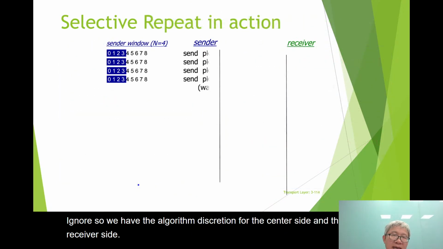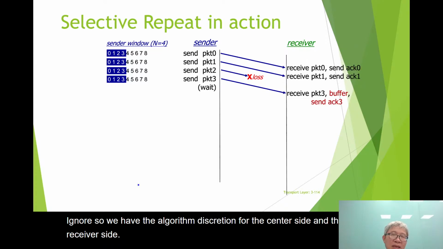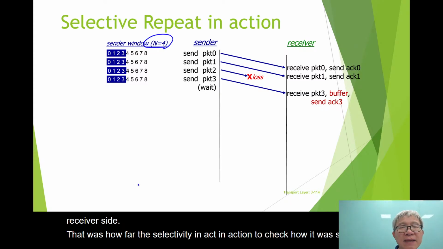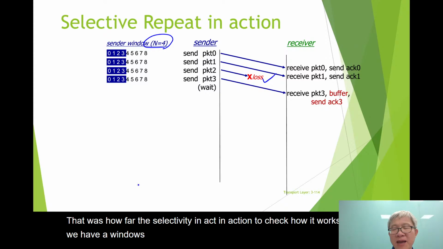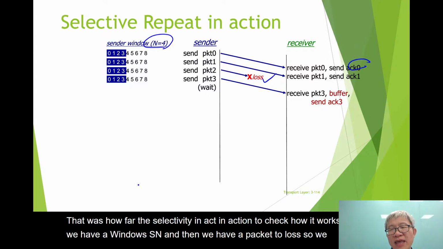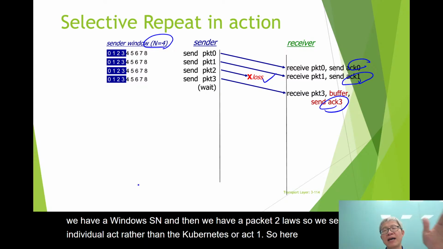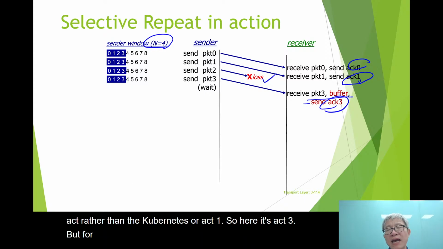Well, let us have selective repeat in action to check how it works. Same, we have window size N, and same, we have a packet loss. So we send individual ACK rather than cumulative ACK. So ACK 1, and here it's ACK 3. But the current packet is not in order, so we need to buffer packet 3.